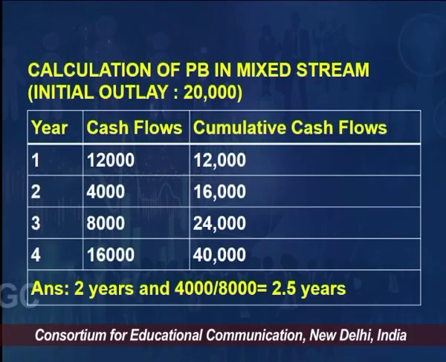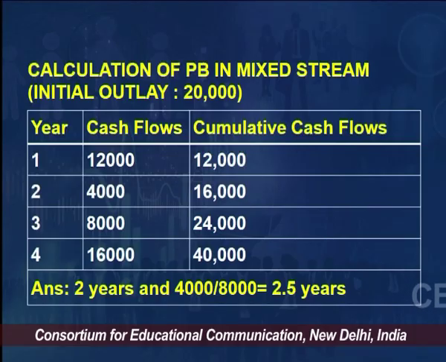So what would be the answer in this situation? When we are not recovering the full amount in an absolute year, we take the amount which is closest to the initial investment. So 20,000 is closest to 16,000. So after 2 years I have to recover 4 more thousand, and the 4 more thousand will be recovered in the third year. It means my answer is 2 years plus some part of the third year as well.